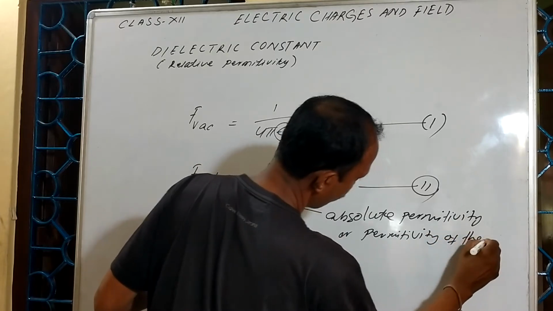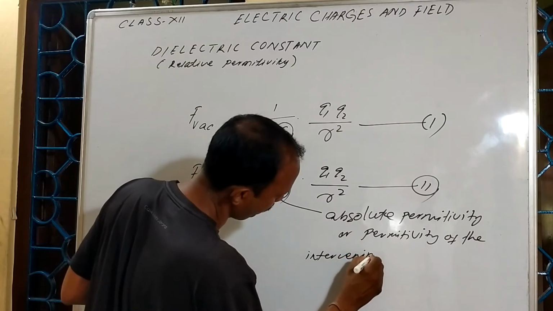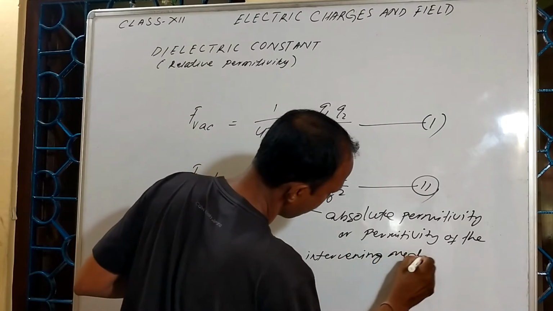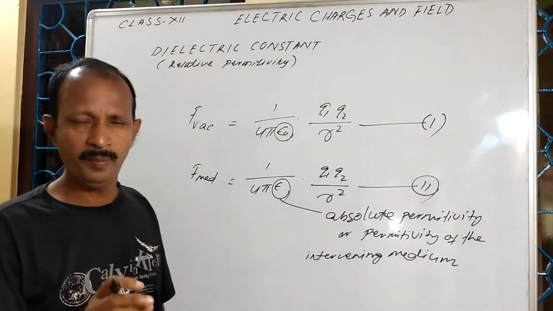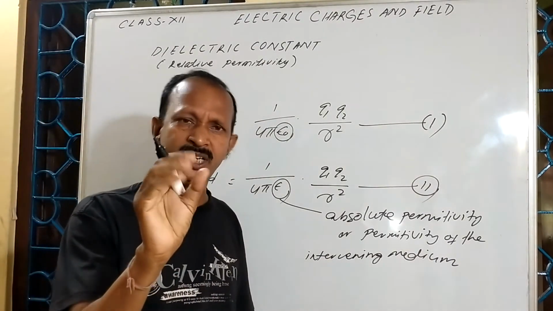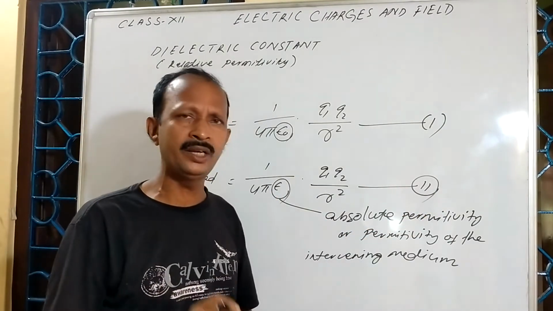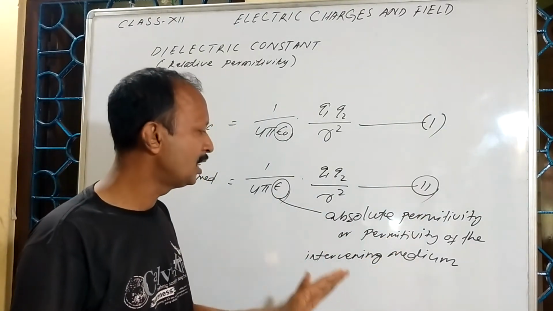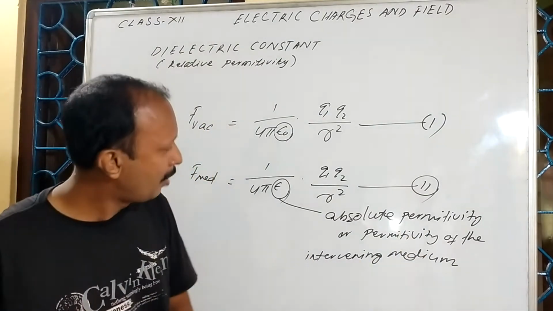So every medium has some permittivity. So epsilon is the absolute permittivity, or you can say permittivity of that medium or of the intervening medium.